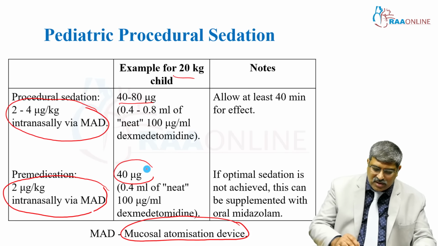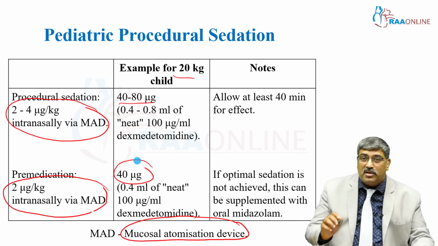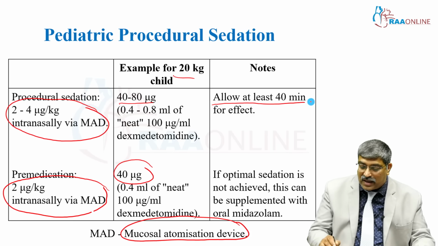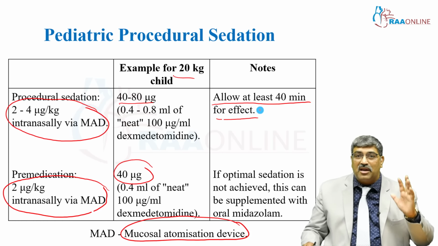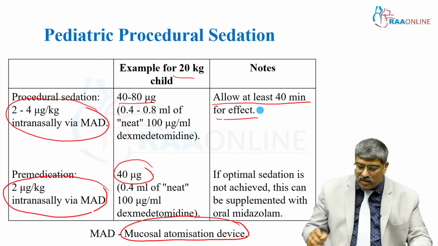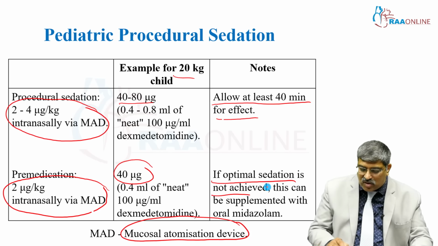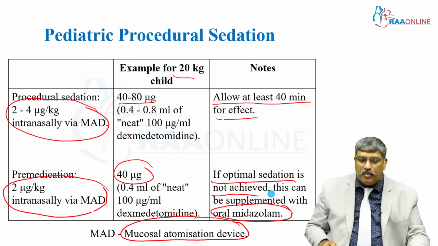In pre-medication, it is going to be 40 microgram. But the most important thing is intranasally it will take at least 40 minutes to act. So, you have to wait patiently for at least 40 minutes after administering intranasal dexmedetomidine. If optimal sedation is not achieved even after this, it can be supplemented with oral midazolam.